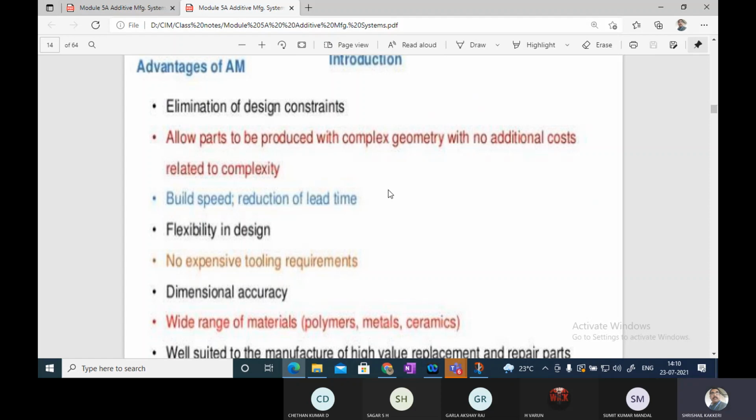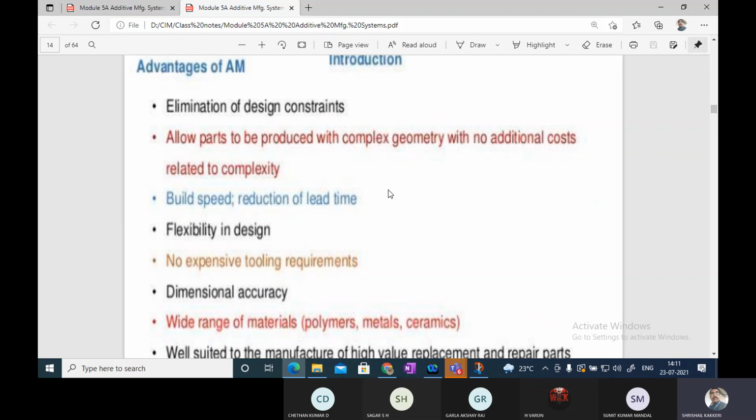And another important advantage of additive manufacturing over CNC machines is that it allows any complicated geometry with no additional cost. Okay, and the building speed will be very high and reduce the manufacturing lead time, and there will be flexibility in the design. In the case of CNC machine, it is not so.